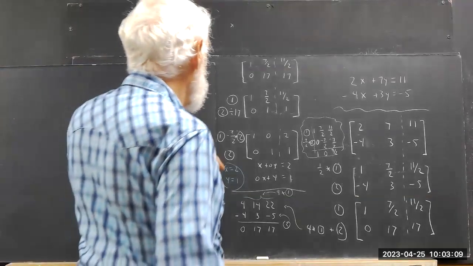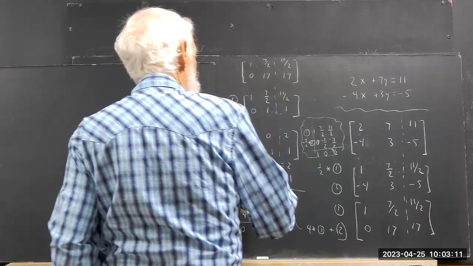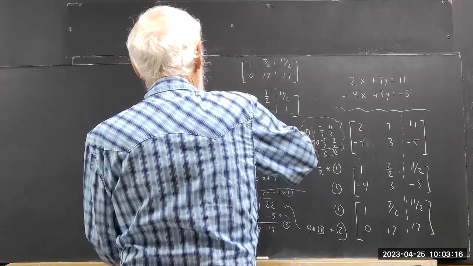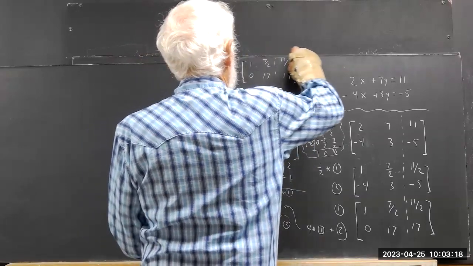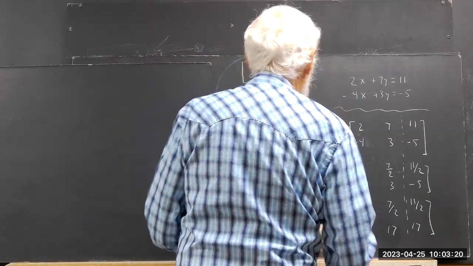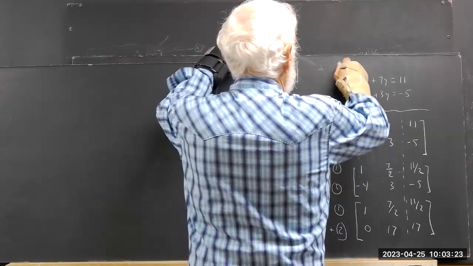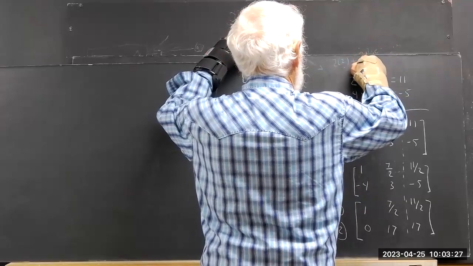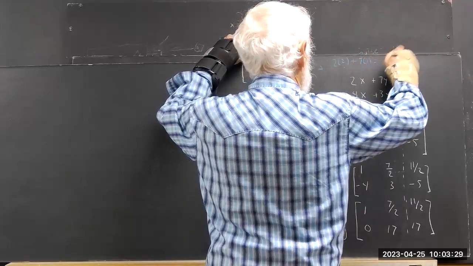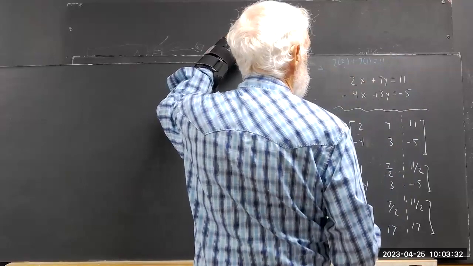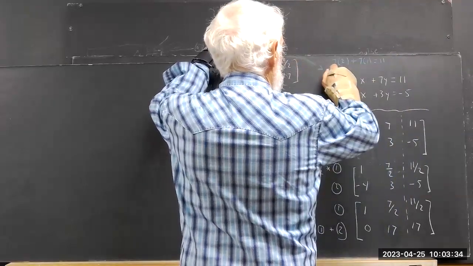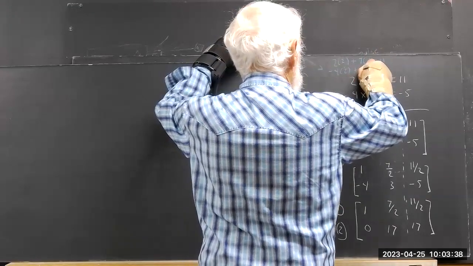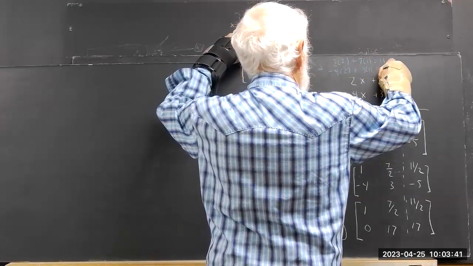Okay, x equals 2, y equals 1. We're going to bring that back up here and plug it into the equation. We're going to get 2 times 2 plus 7 times 1 equals 11, and negative 4 times 2 plus 3 times 1 equals negative 5.